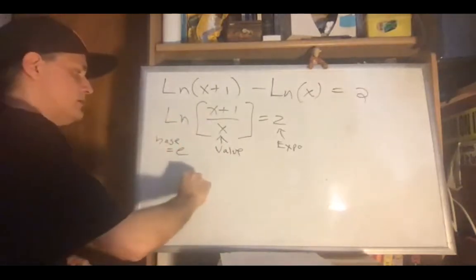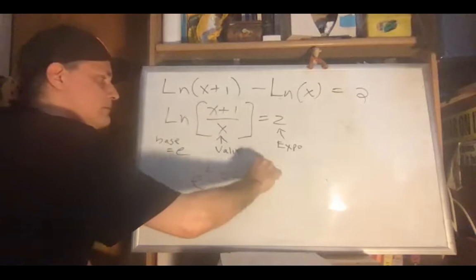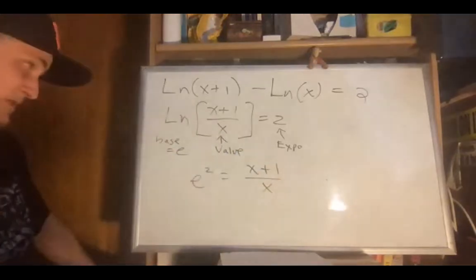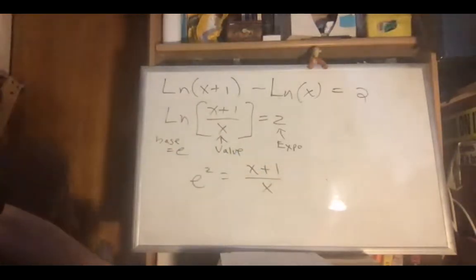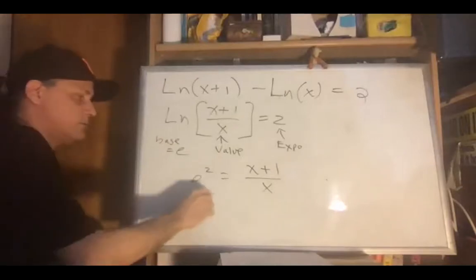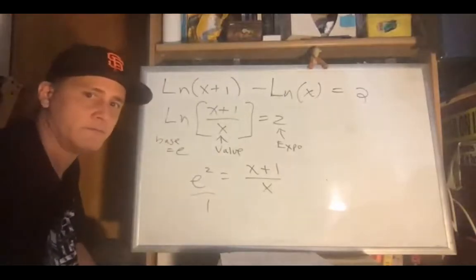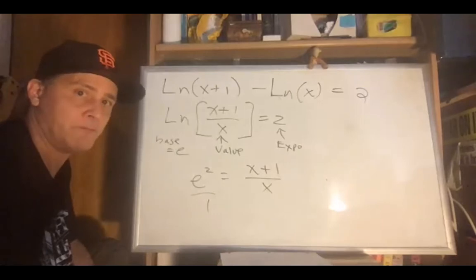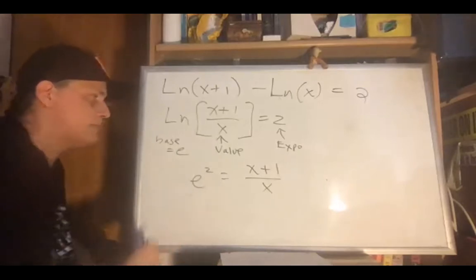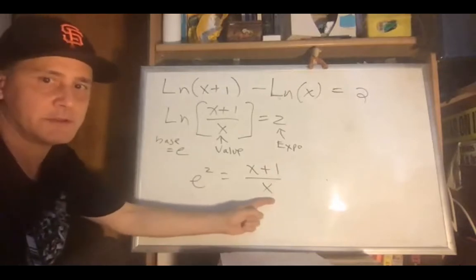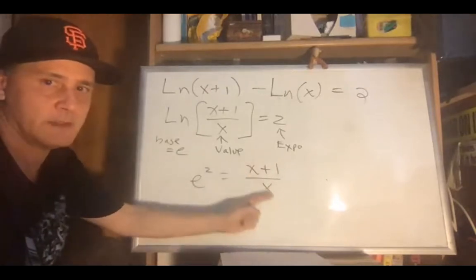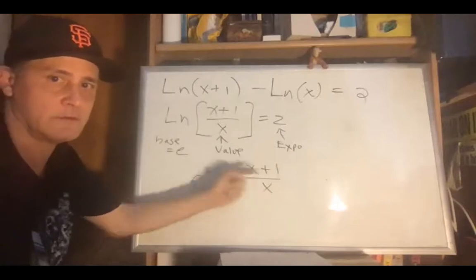All right, so then e squared equals that. Now, how do you handle that? Well, you could put a 1 here and cross multiply. Yeah, that'd probably work. That'd be okay. But instead, since the denominator is just a single value, I'm thinking, let's go ahead and simplify this first.